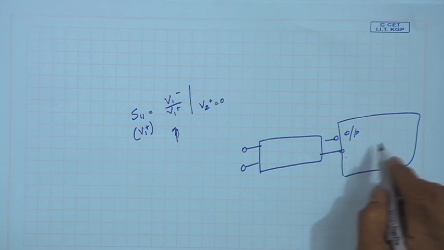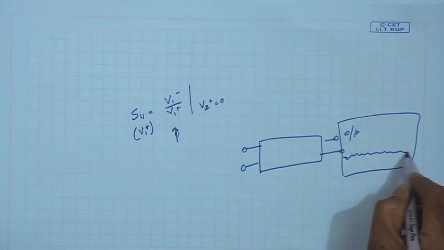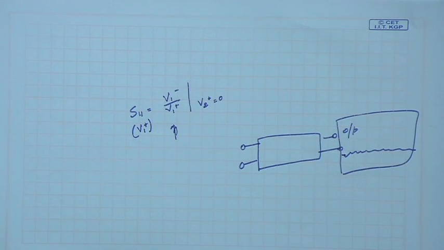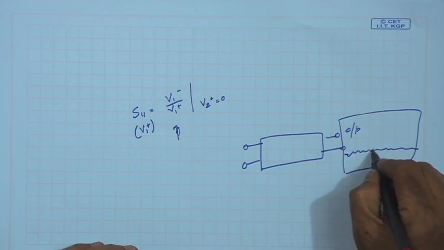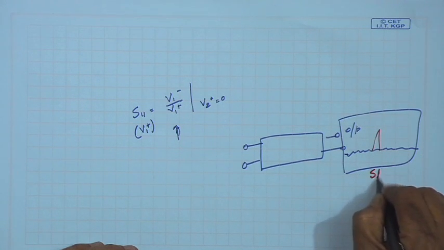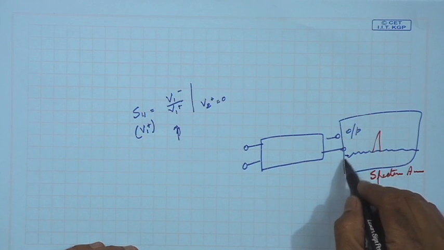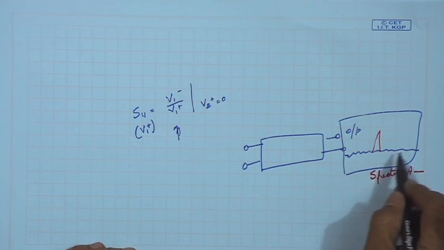There you will always see something even without a signal. If I have a signal, then I get it somewhere here, suppose I am looking at a spectrum analyzer, then you will see there is a signal, but in other places where no signals are there, still you see this.